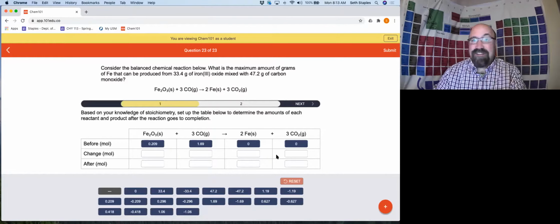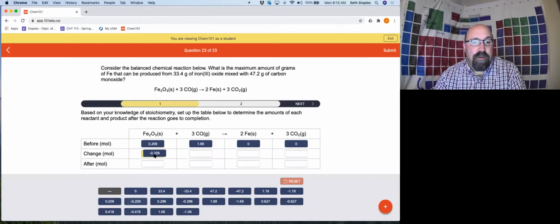And we cannot go into the negative with any of our reactants. And so with those things in mind, what we have to think about is the change in moles that we're going to experience. And so if one of these has to go down to 0, and we can't go into the negative, then that shows us that our limiting reactant is going to have to be the iron 3 oxide.